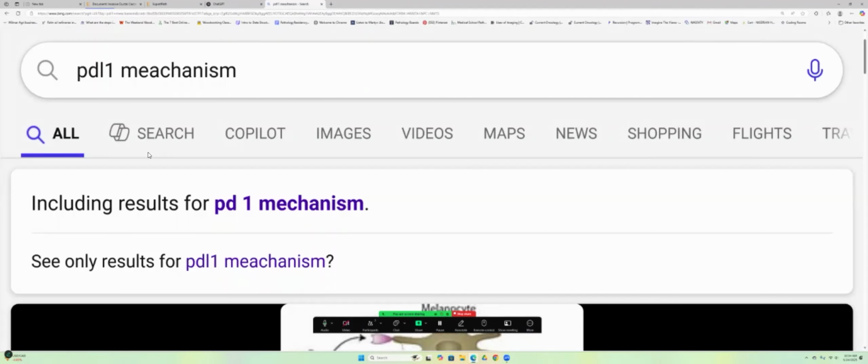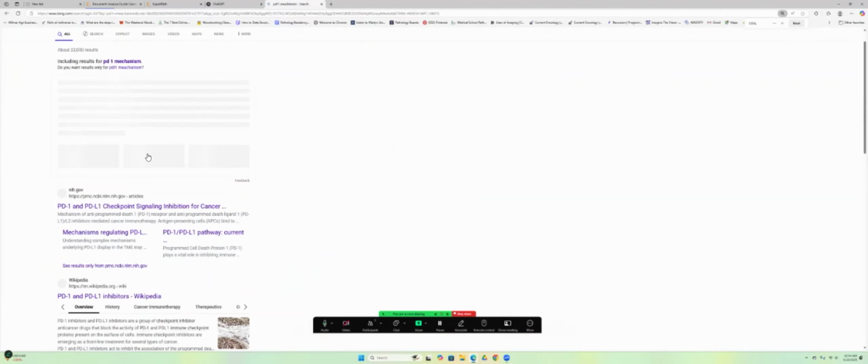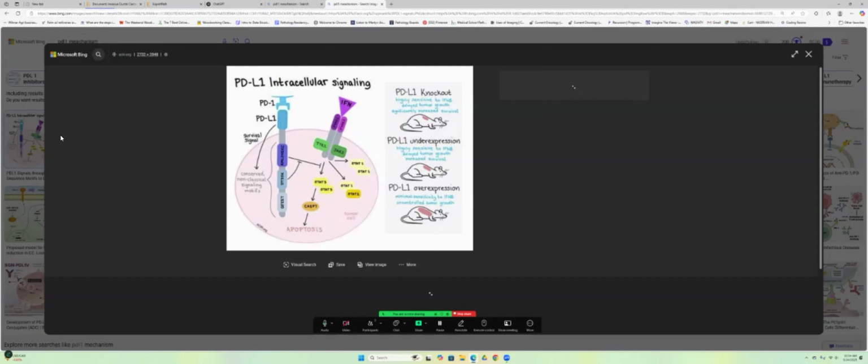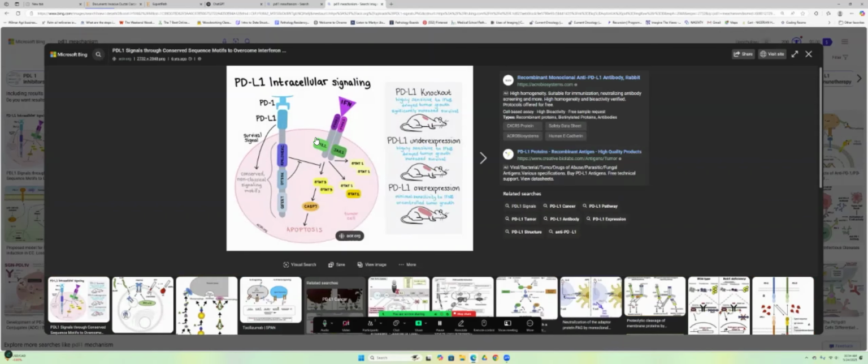Let's see if I can find. Look at this. So PD-L1 is normally found where?